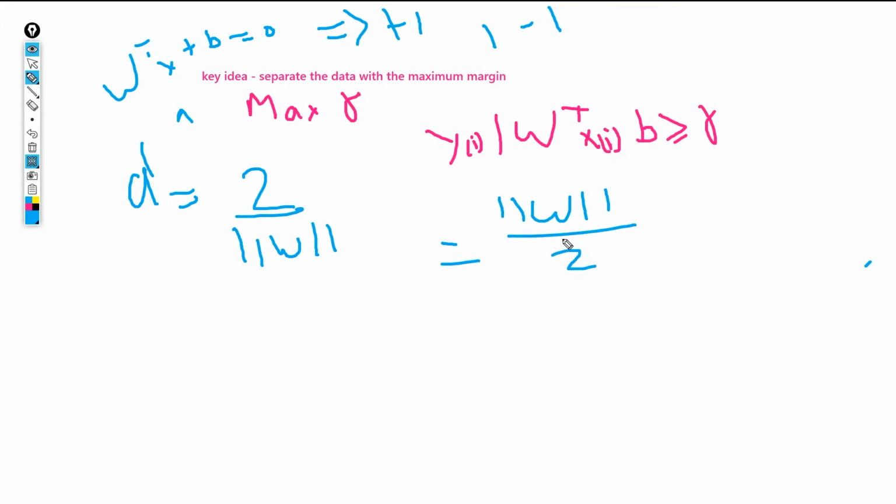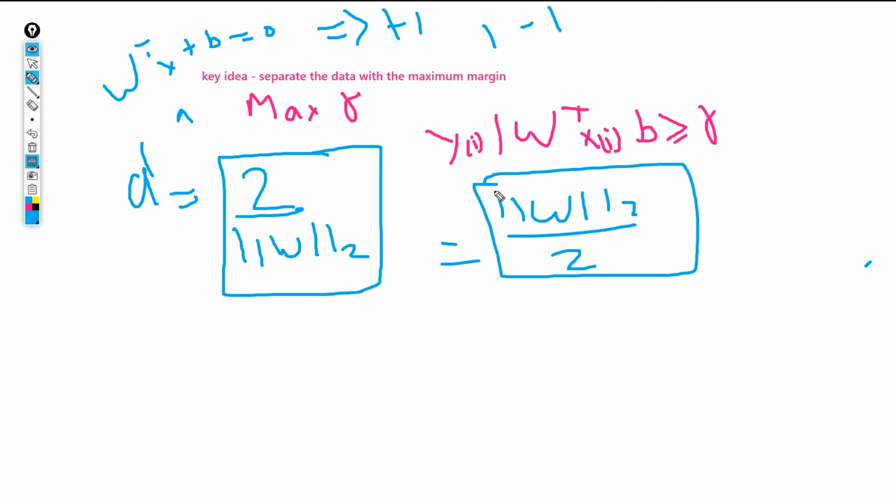I hope you are getting why these things are equal. Either you can maximize this or you can minimize this, it is going to be the same. So if you want to maximize this, you can minimize this value.